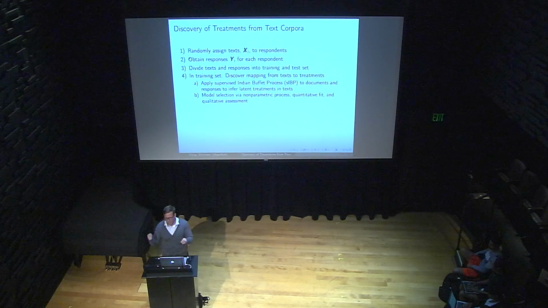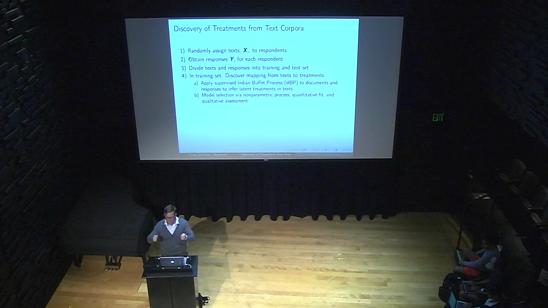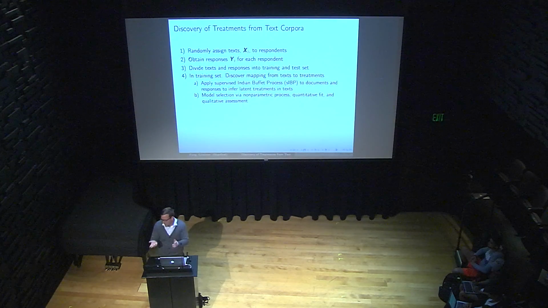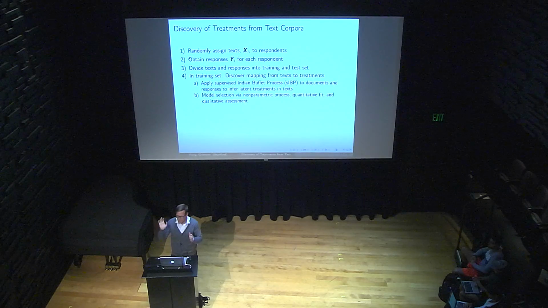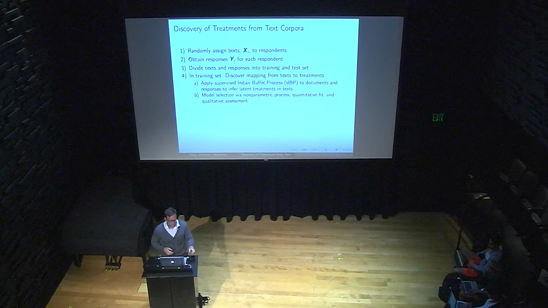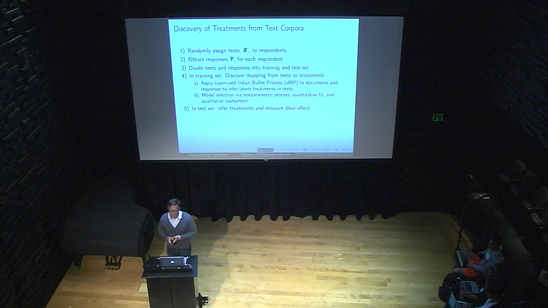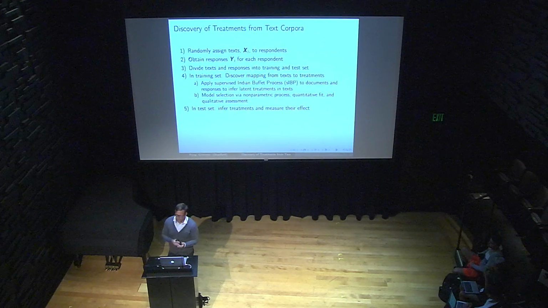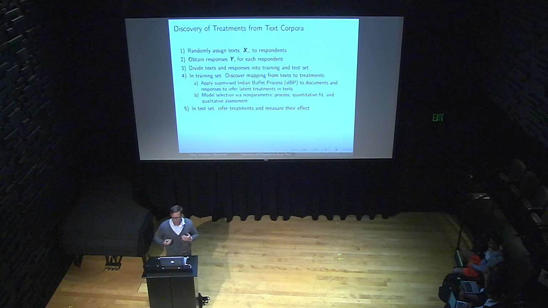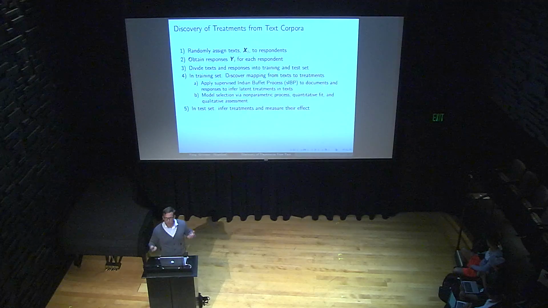So I think there are a lot of features of this that are modular, in the sense that you could just fit in something that you think works better, because all we're doing now is just finding that function G. Okay, so now that we have this function G, this mapping from the text to the treatment, we want to infer the treatments in our test set and we want to measure their effect.